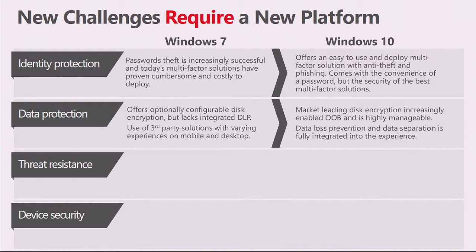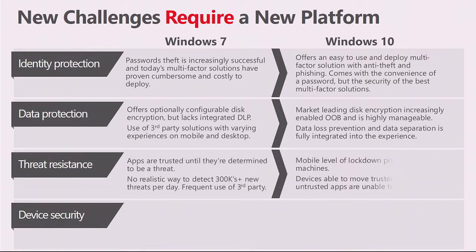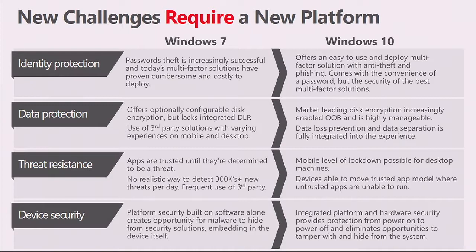We're going to talk about how Windows 10 can protect your data. We're going to talk about how Windows 10 is a lot more threat resistant, and we're also going to talk about device security. One of the coolest things is that you're going to see that two-factor authentication is now possible to roll out across all of your endpoints in the enterprise.